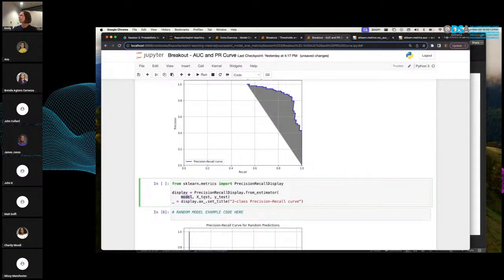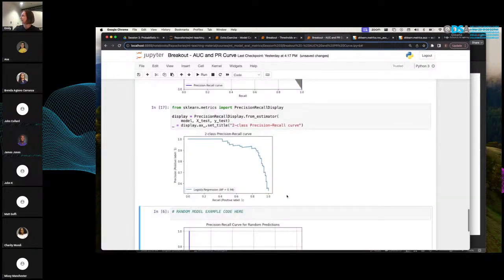You pass your whole model object, then your X test features, and then your true labels. Under the hood, it will run the probabilities for you and calculate the precision and the recall for you. Then it'll display this, and you can just change the title of your graph to whatever you want here.